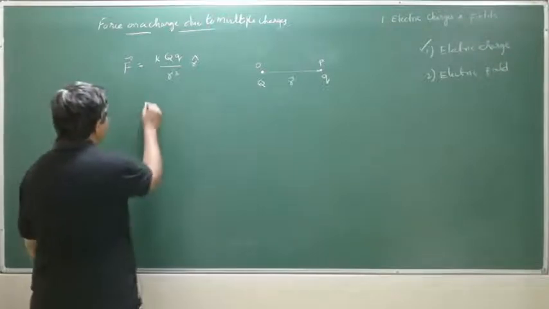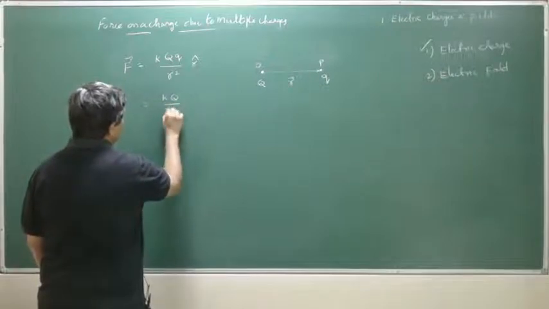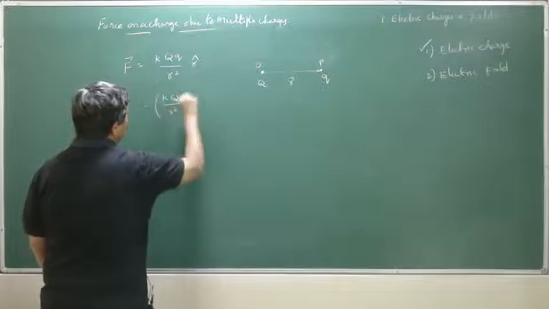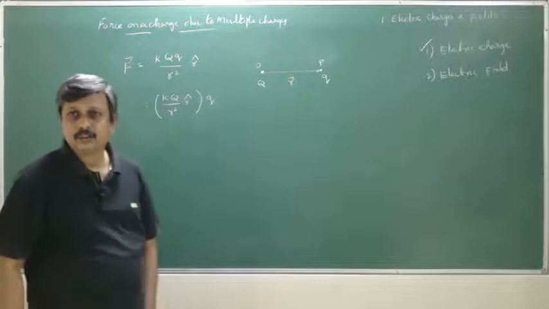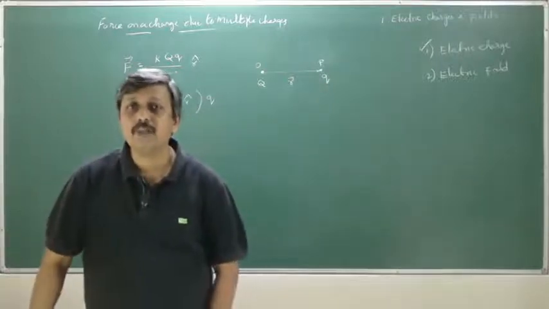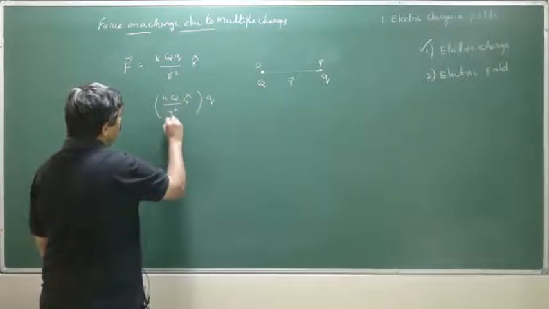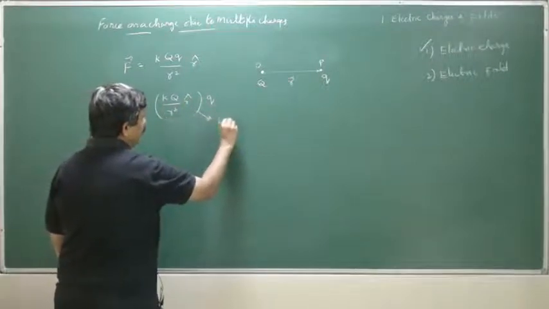We write the first part, K Q divided by r square into r cap, and this whole thing into q we will write, and we call this whole thing the electric field.